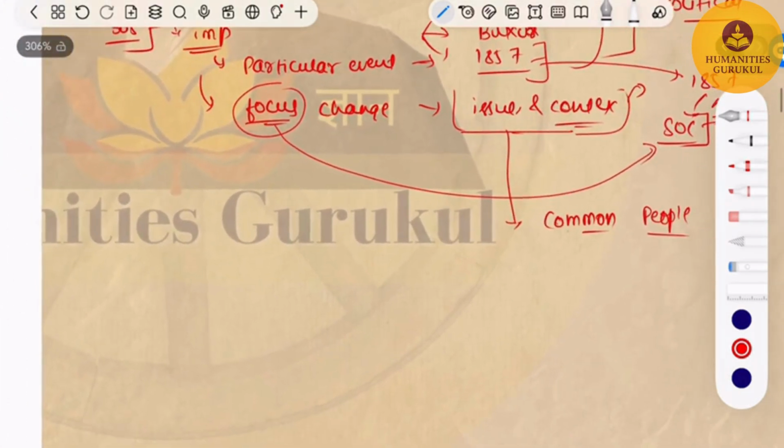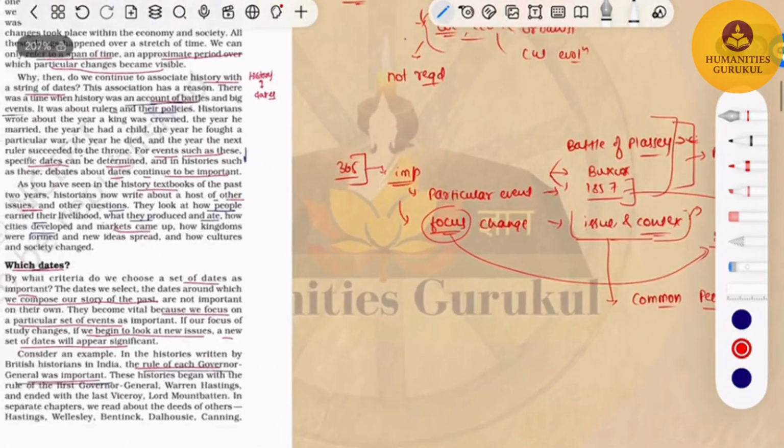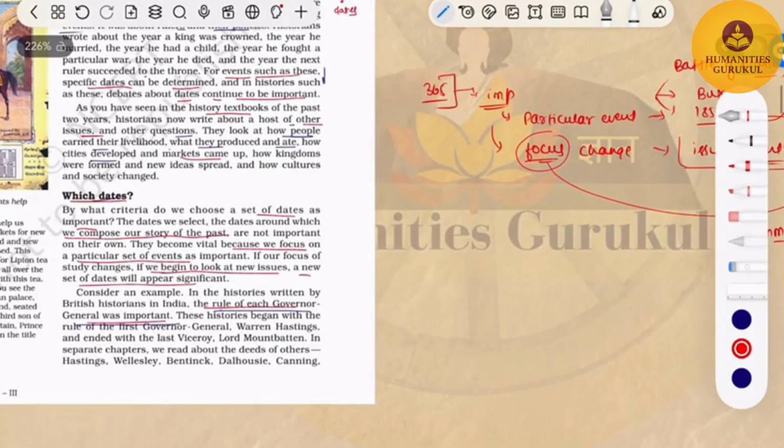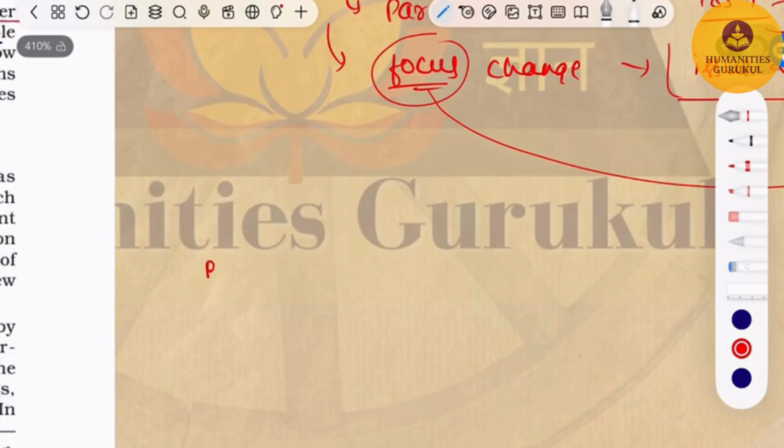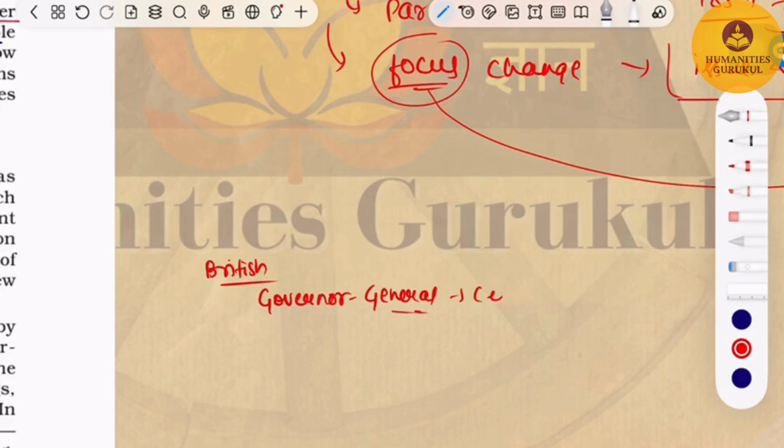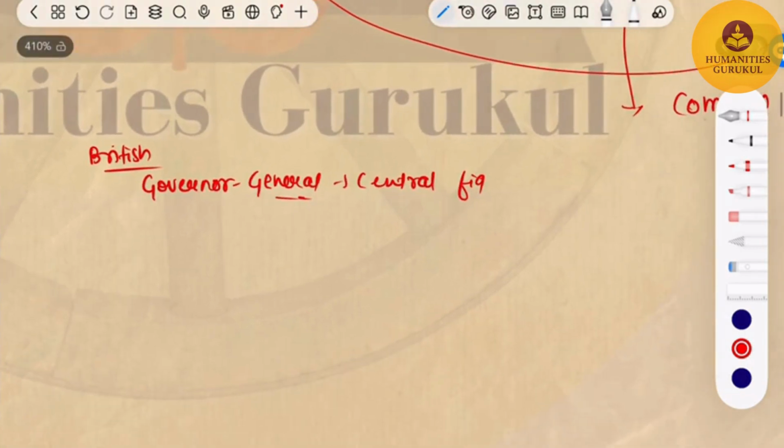Then the most precise example, which is also mentioned in your textbook, is the rule of each governor general. If you are going with British history, the governor general is something very important. Why? Because it was the central figure of British rule, starting with Warren Hastings and last was Mountbatten.